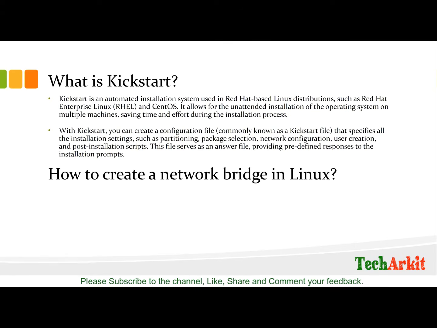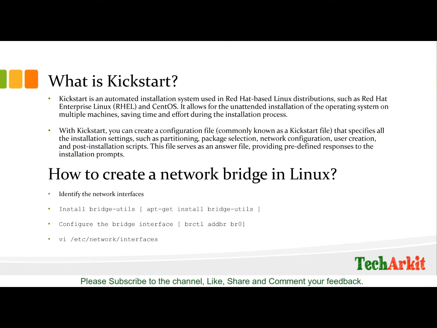How to create a network bridge in Linux. Identify the network interfaces which you want to make into a bridge. Install the bridge utilities, for example, install bridge-utils. Configure the bridge interface using brctl addbr with a name like br0, and edit the /etc/network/interfaces file to add the information like the IP address and all the details.